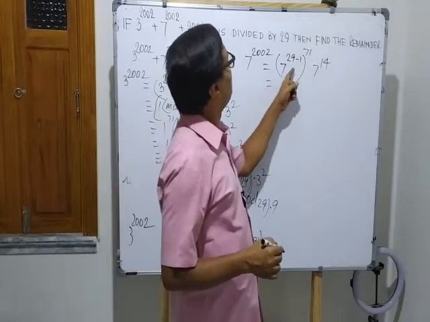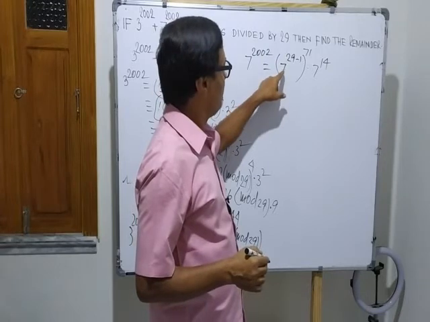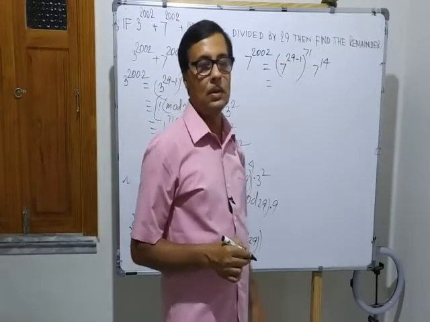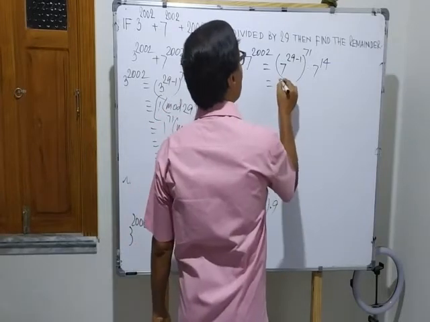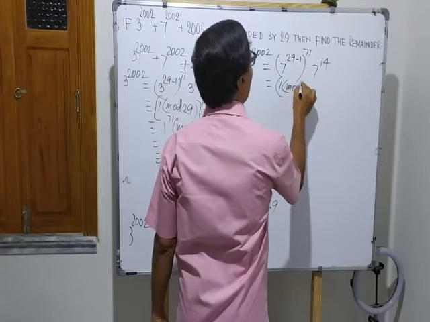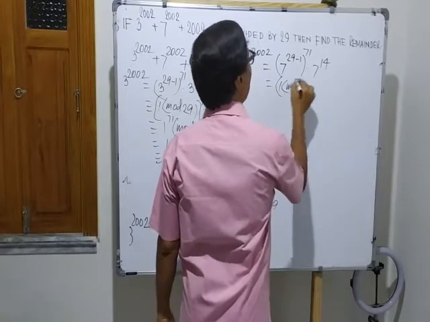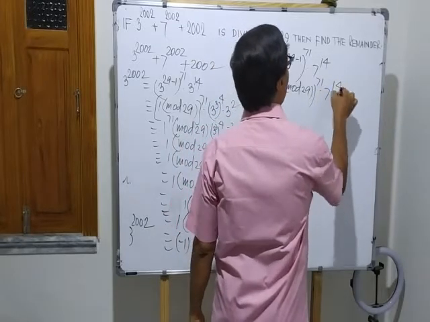Here also we can apply Fermat's Little theorem, because 7 to the power 29 minus 1 is congruent to 1 modulo 29.